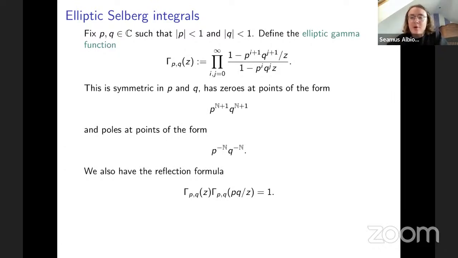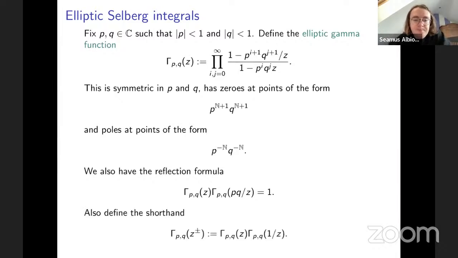Of course, this will never work when z equals pq to integer powers. But that's still like the classical reflection formula for the classical gamma function, which also has to avoid integer points. And I'm going to use this plus minus shorthand notation from now on.